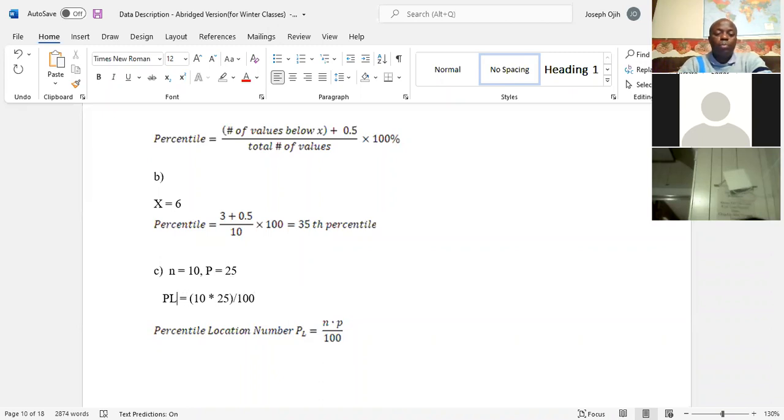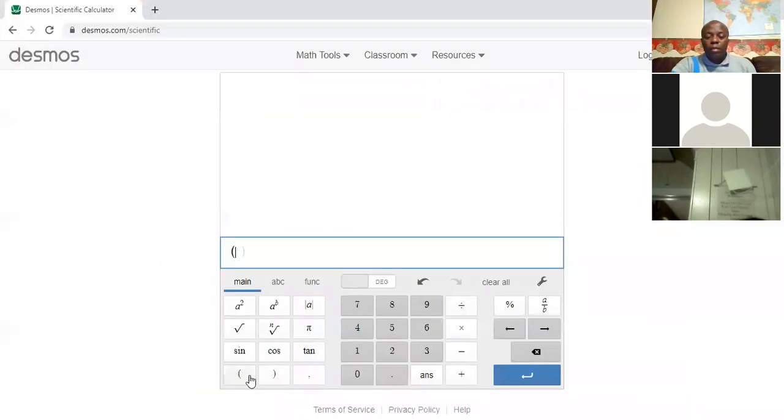So this is the percentile location number. I will have 10 times 25 divided by 100, which is 2.5.